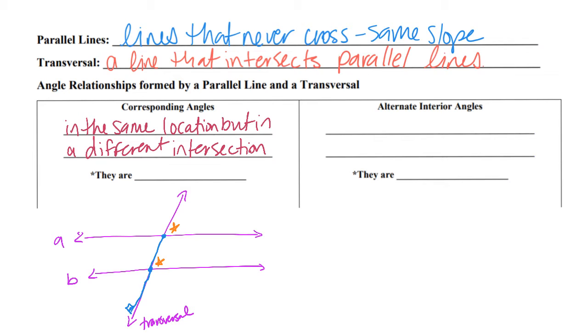And those two stars, or those angles that they are representing, are congruent, which means they are the same value. So they are congruent. The one thing I do want you to notice is that this is the congruent symbol.